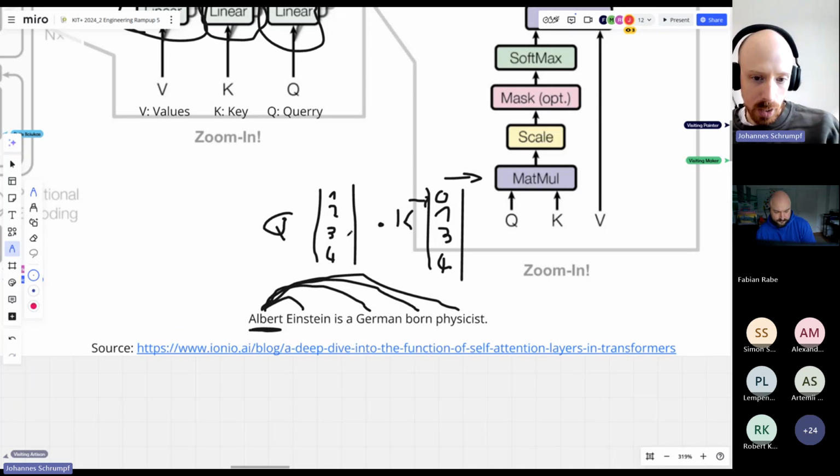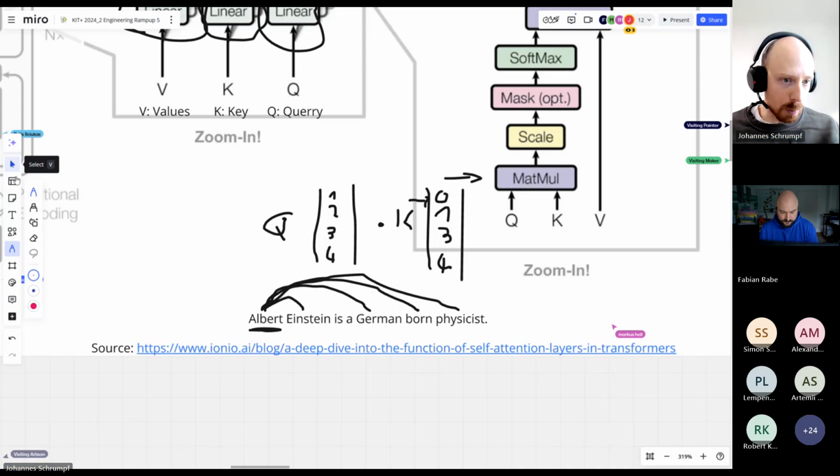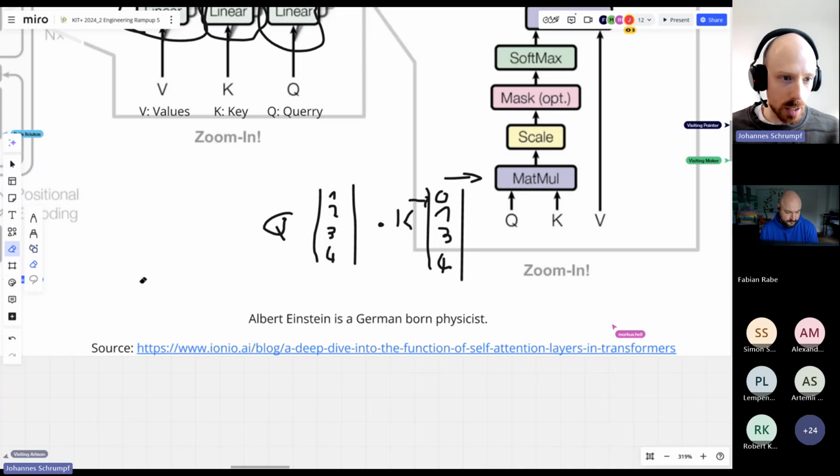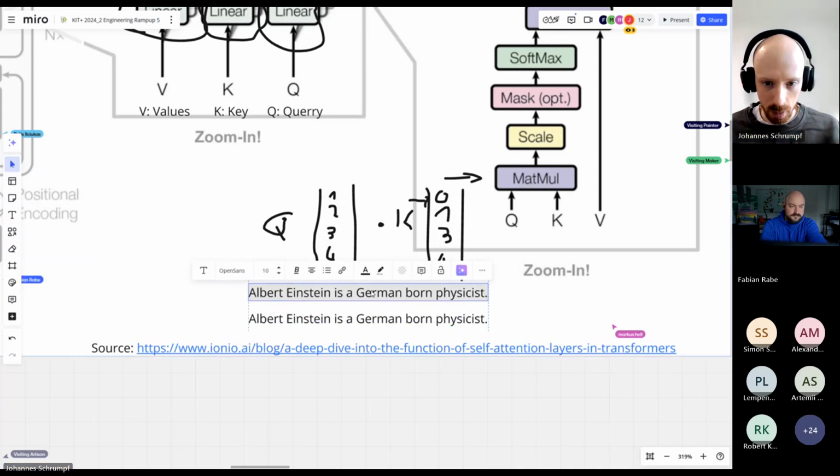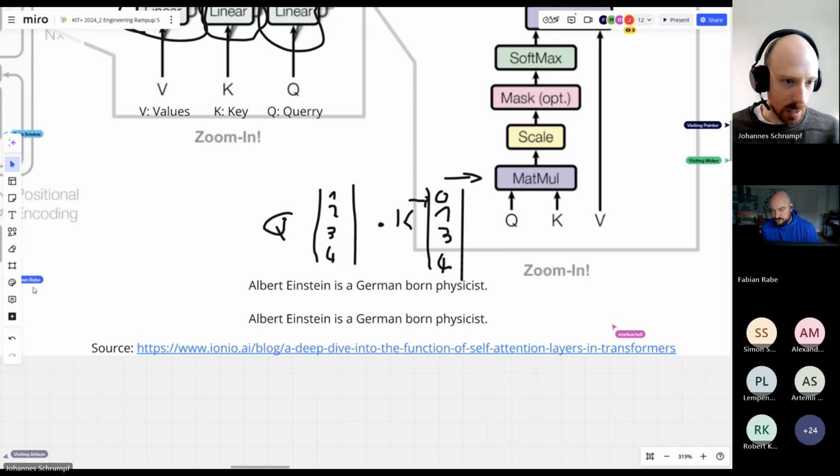If you think about it, you can build a connection between all these different words. Maybe let's say red is very important.